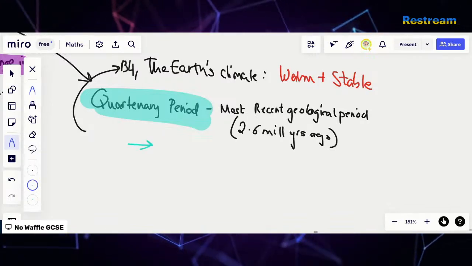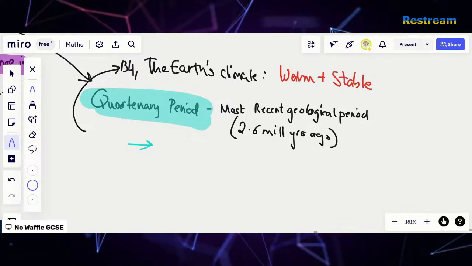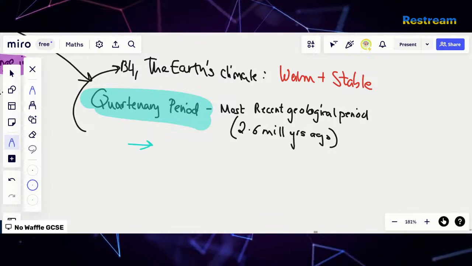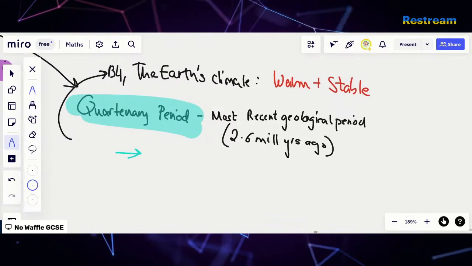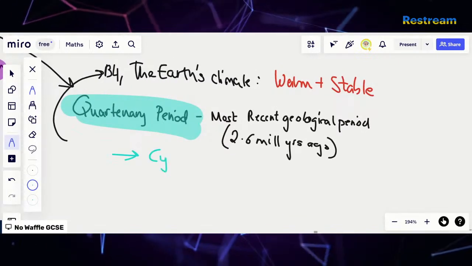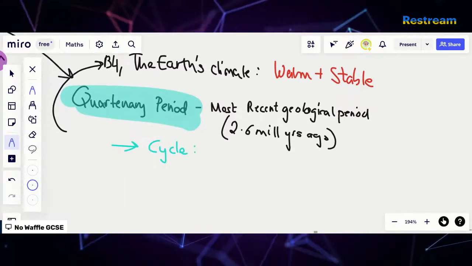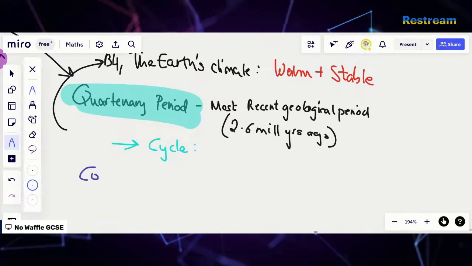So firstly, global temperature shifted between cold glacial periods that lasted for 100,000 years and then warm interglacial periods that lasted for 10,000 years. So the Quaternary period was practically a cycle. It was a cycle between two different things. The first was the cold glacial periods.